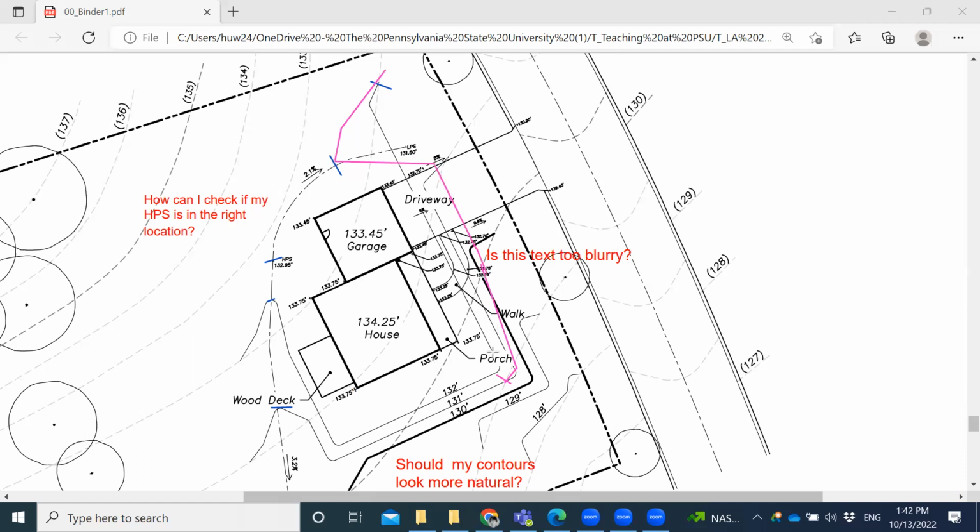And the first contour should be 133. You don't have your 133 yet, okay? 133 needs to be around your building. That's your 133. Then it becomes your 132.